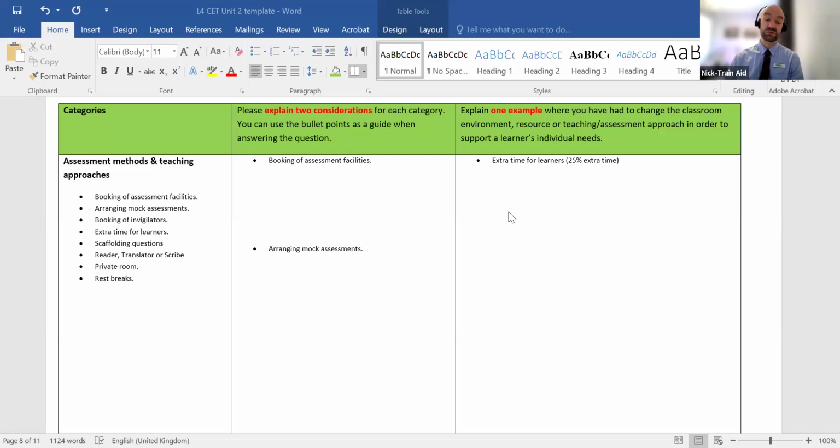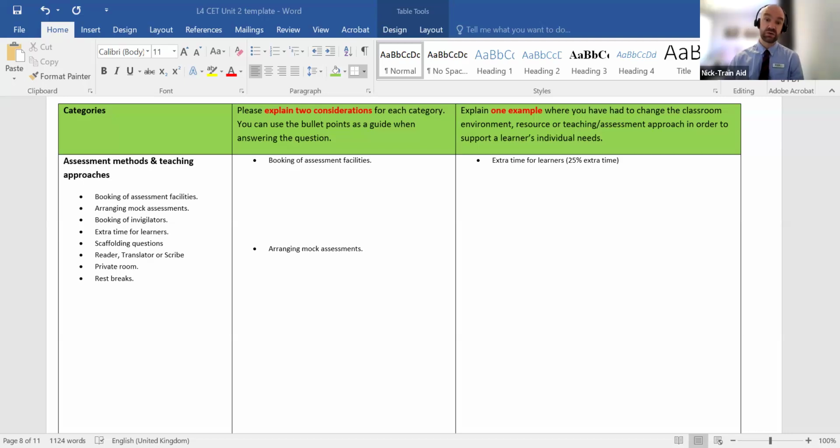Furthermore, previous examples of adapting assessments was to arrange a reader, translator, scribe as well. So if a learner perhaps had an injury to their hand, then a scribe could be used as well to write out their answers. So that has happened in the past with my own teaching career as well.